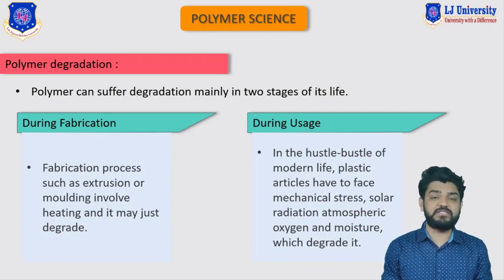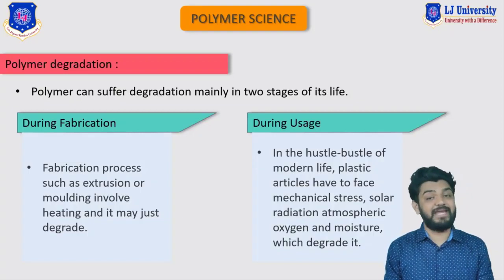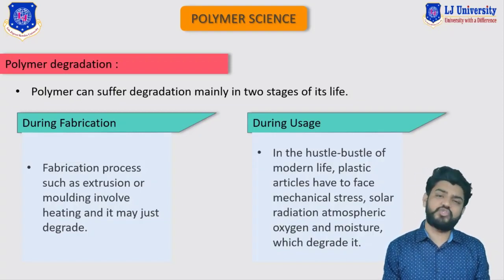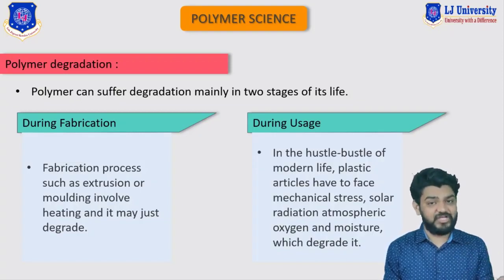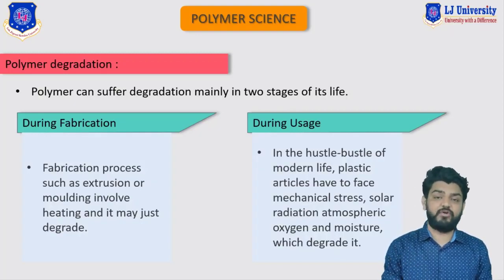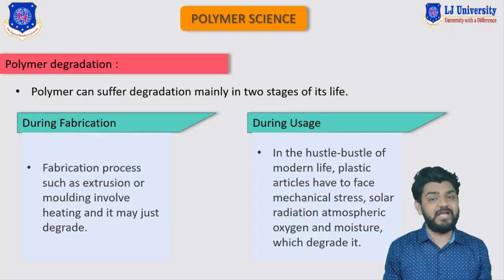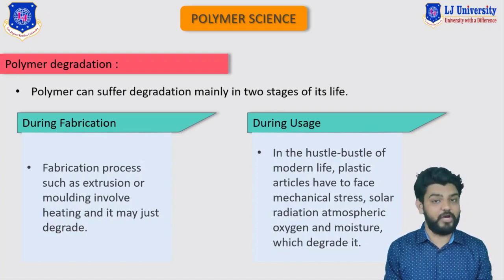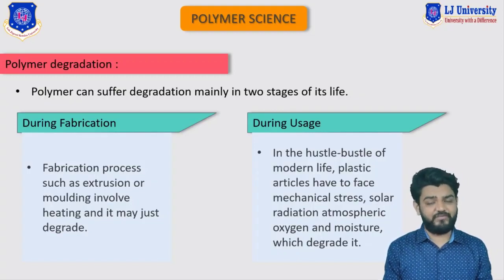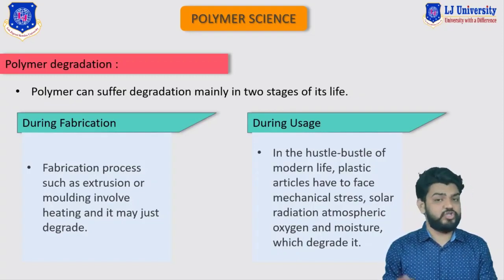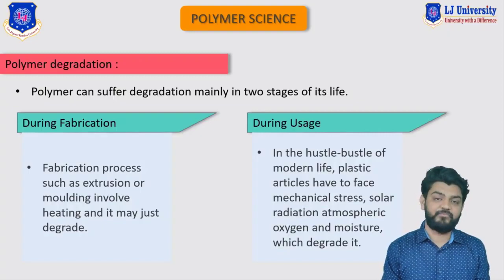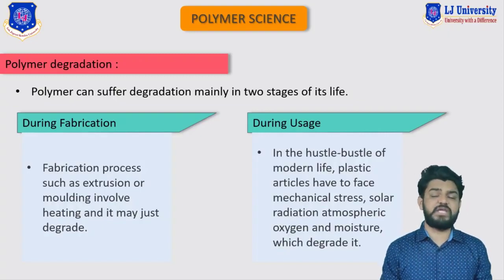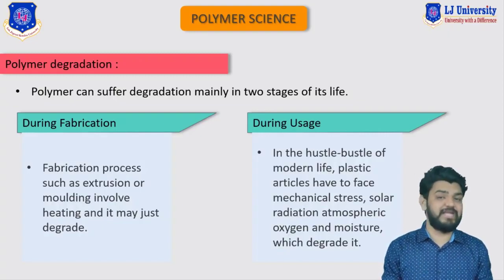During these uses, it has to face mechanical stress, and also solar radiation. Sometimes oxygen from the atmosphere can also decompose, or degrade, our polymers. Then there is moisture, which is always present in the air, which also affects polymer life and degrades the polymer.